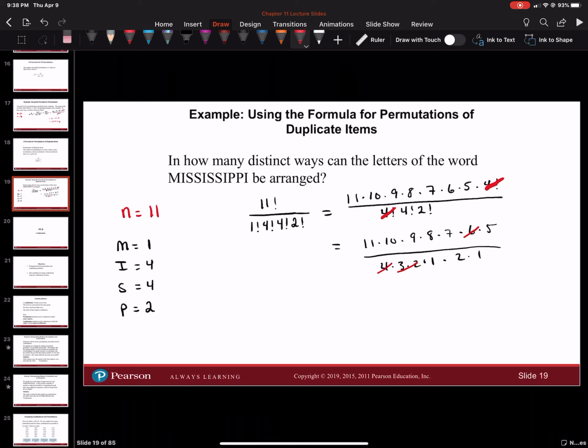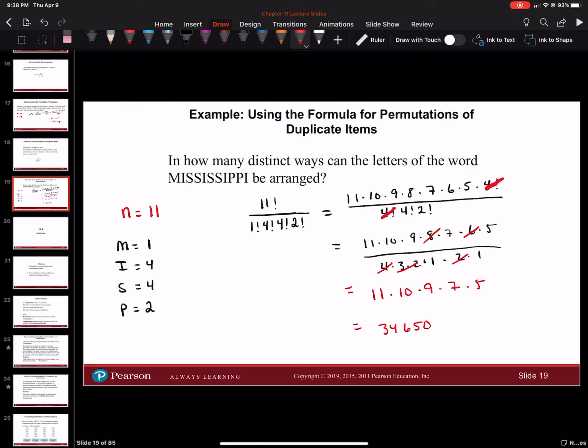Now I know that 4 times 2 gives me 8, and then we have 1s on the bottom. So right here, it's just going to be 11 times 10 times 9 times 7 times 5. When we multiply these things, it should give me 34,650.